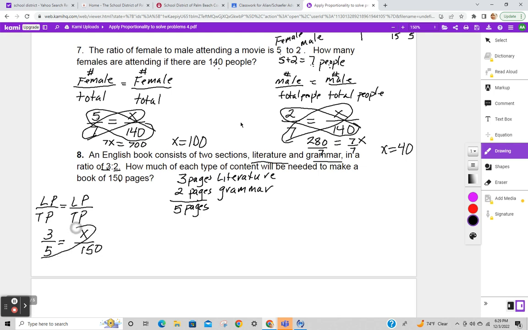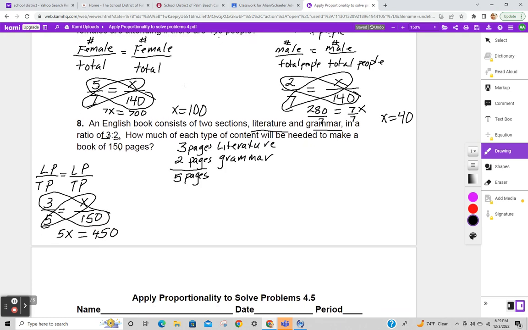So we take the cross product. So it's going to be 5x equals 3 times 150, which is 450. We can divide both sides by 5. So that means x equals 90. So we'll have 90 pages of literature.